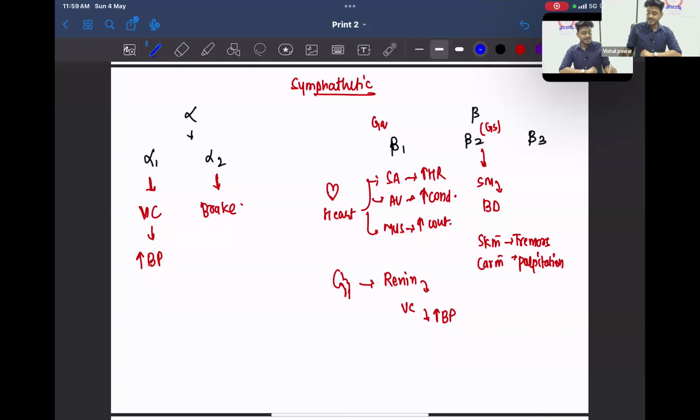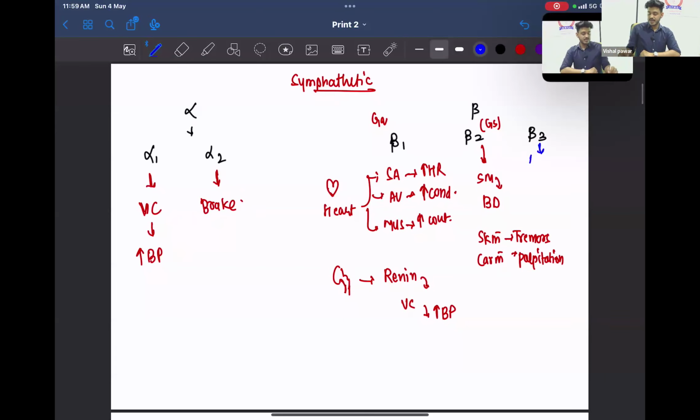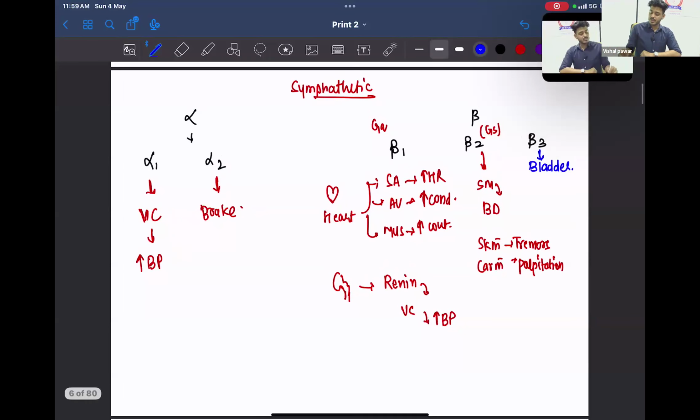Done. Right. Third, beta 3 will be first present on the bladder, and it will be also present on the fat cells of your body. Okay, adipocytes will be having, and here you will be having one enzyme working. This is going to be the hormone sensitive lipase, and this is going to cause what? Adipolysis, right?